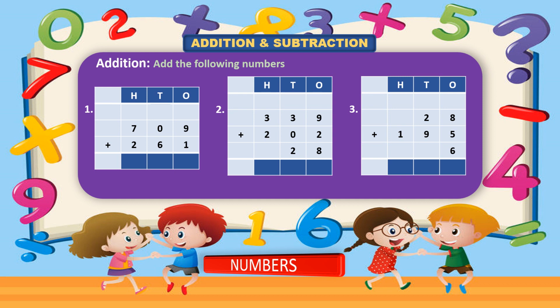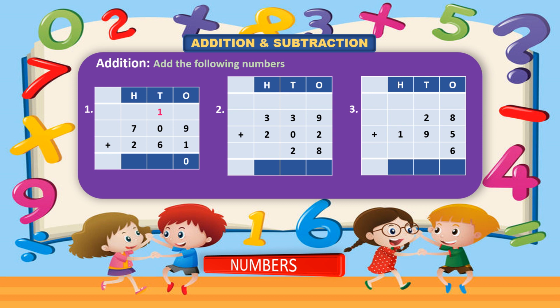The first sum is 709 plus 261. First we add the ones place. 9 plus 1 is equal to 10. We put 0 in ones place, 1 in tens place.